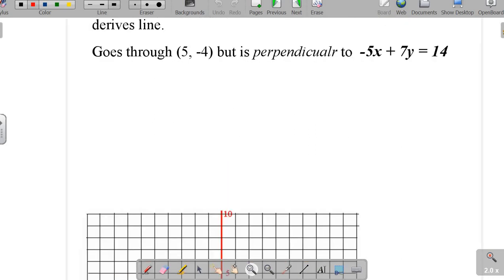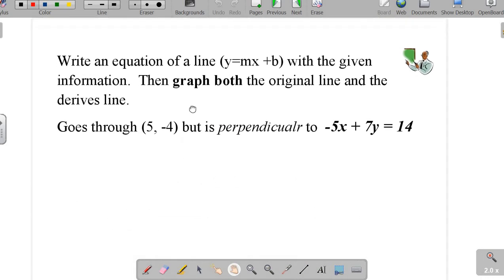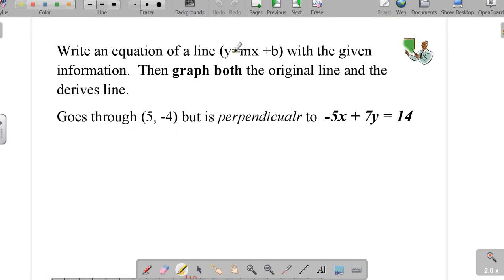Let's try another one. Write an equation of a line, given information, then graph both the original line and the derived line. Okay, our original line is this. So let's first get that into y equals mx plus b form.